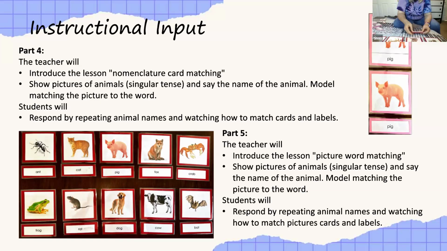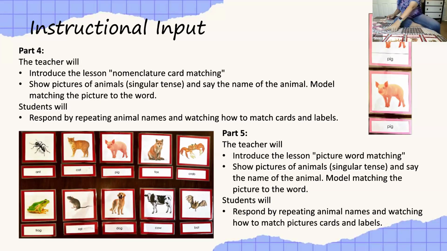Frog. No frogs. Fox. Ooh, I do have a fox. Okay. Bat. I do have a bat. Cat. I have a cat. Crab. I have a crab.